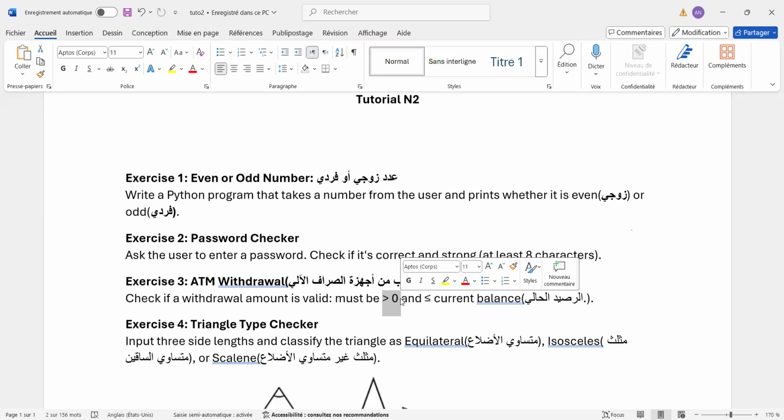And of course, if my balance, the current balance in my bank account, is, for example, 500 shekel, we can't take more than 500 shekel. The maximum amount that we can take is from 1 until 500 shekel. Did you get it?